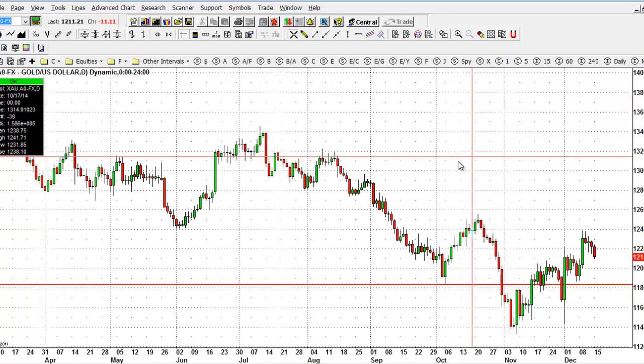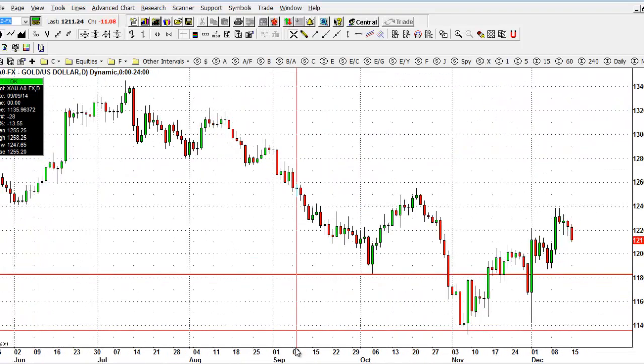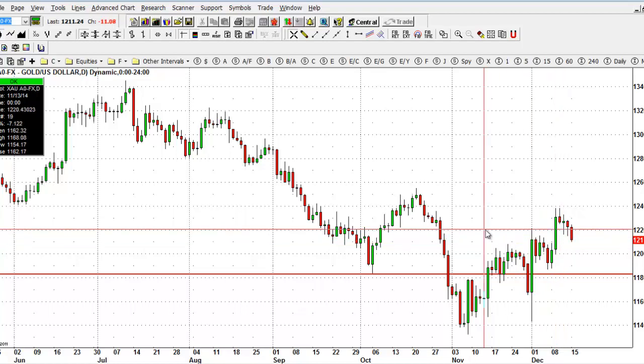Looking at the gold market, it's Monday morning. We see that gold is down, and for us to get bullish on gold, we need to see the market close above this 1260 level. If the market can close above 1260, that will be promising for the bulls.